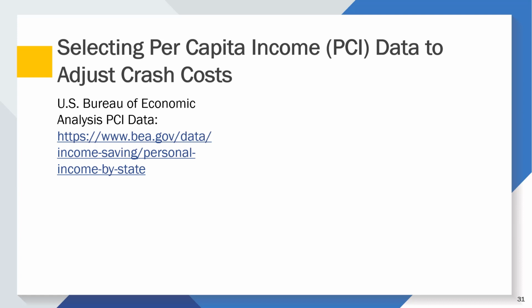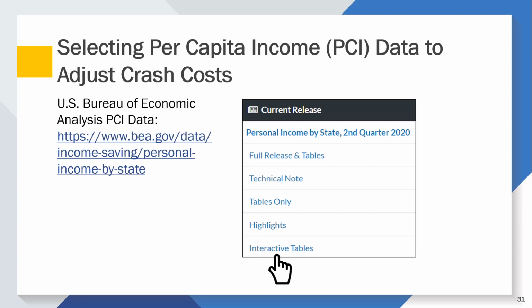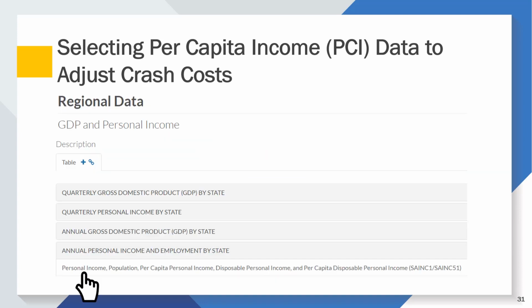The U.S. Bureau of Economic Analysis reports average PCI data for each state. Click this web link to access PCI data. Scroll down and click Interactive Tables. Under Annual Personal Income and Employment by State, click on this category that represents per capita personal income.